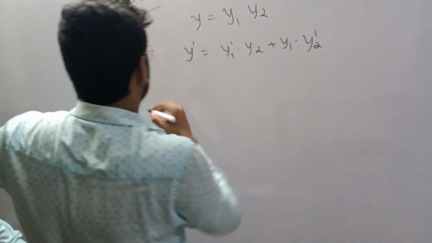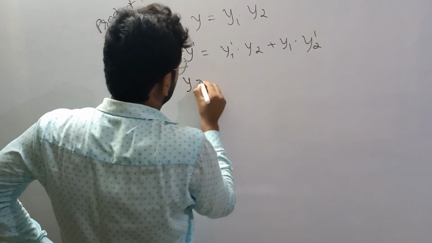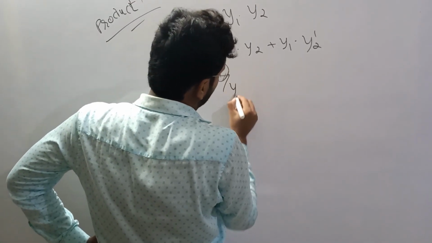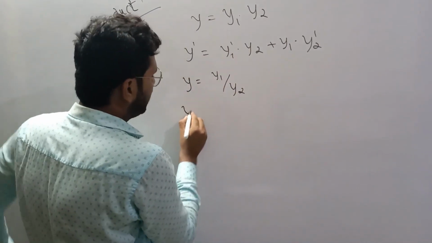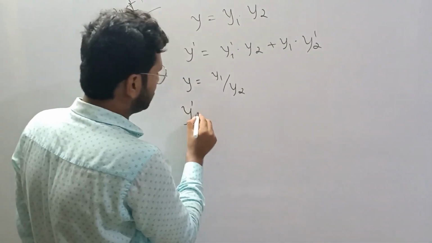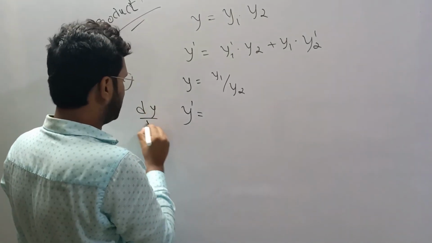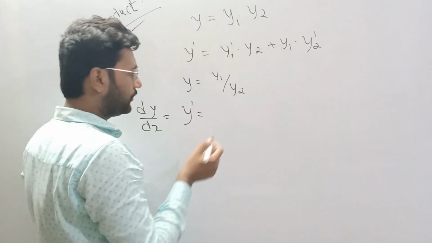Now coming to the division rule, suppose the function y is made of two functions, y1 divided by y2. So the derivative of y will be y dash, you can also say dy by dx, we can say both.